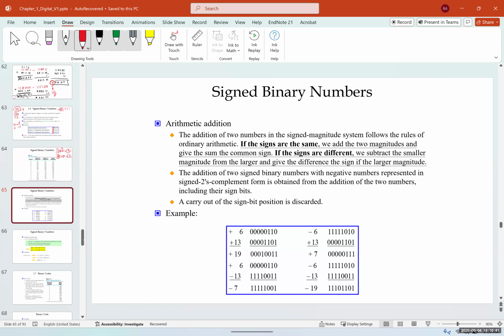what is 6 equal to? Can you tell me in binary? 110. 110 is equal to 6. Am I correct? Yes, +6 is 110.